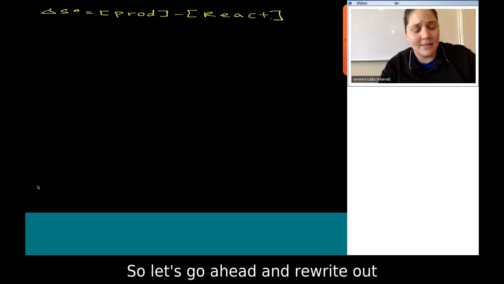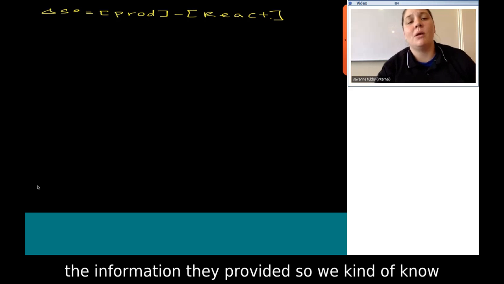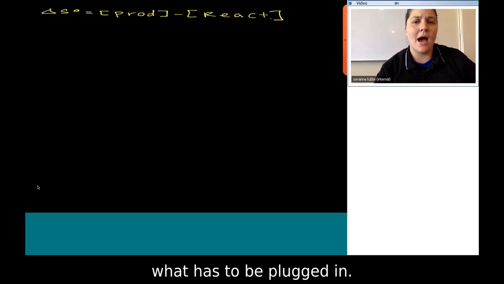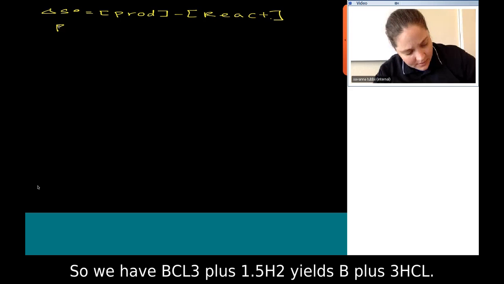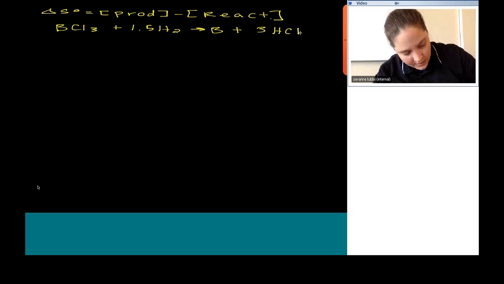All right, so let's go ahead and rewrite out the information they provided so we know what has to be plugged in. So we have BCl3 plus 1.5 H2 yields B plus 3 HCl.